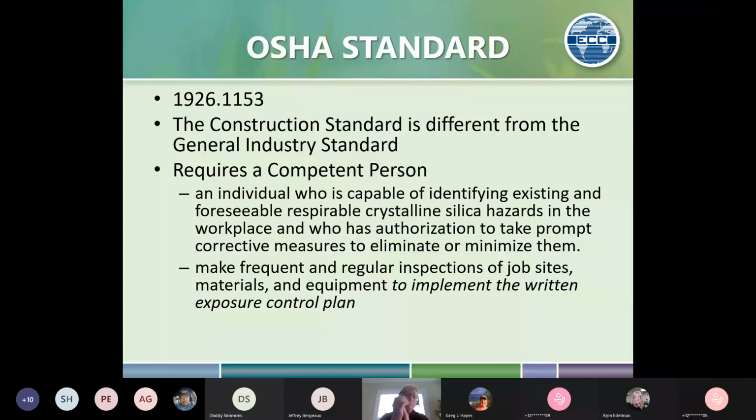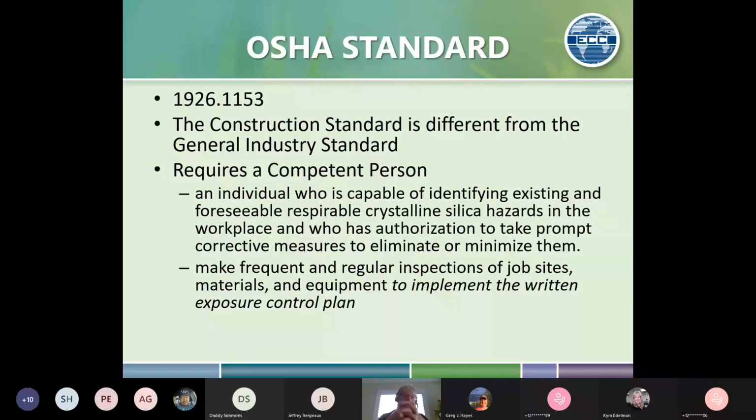Okay. Well, OSHA always had a standard for silica exposure, but it used to be just the PEL, permissible exposure limit. And they found that, especially with some of the other effects like lung cancer, the permissible exposure limit was probably too high.